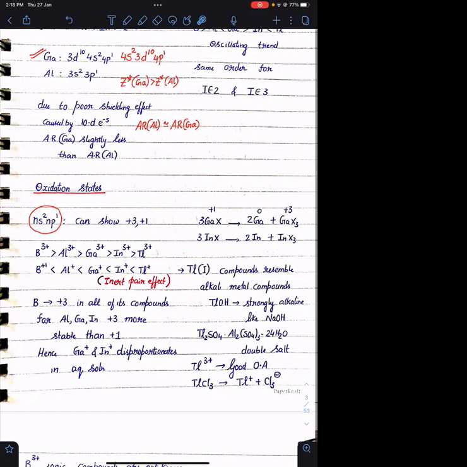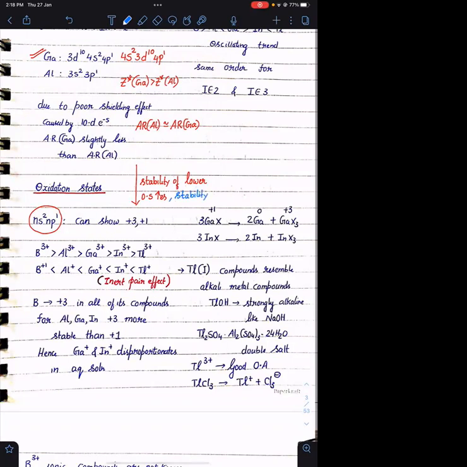And हमने again periodic properties में ही पढ़ा, inert pair effect में, down the group, the stability of lower oxidation states increases, and stability of higher oxidation states decreases.